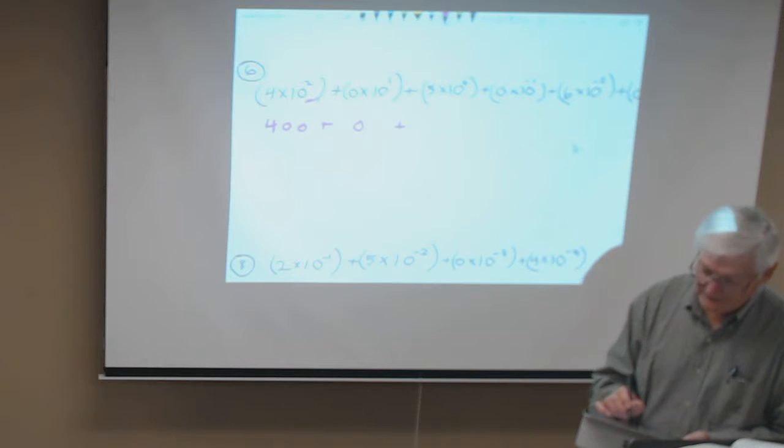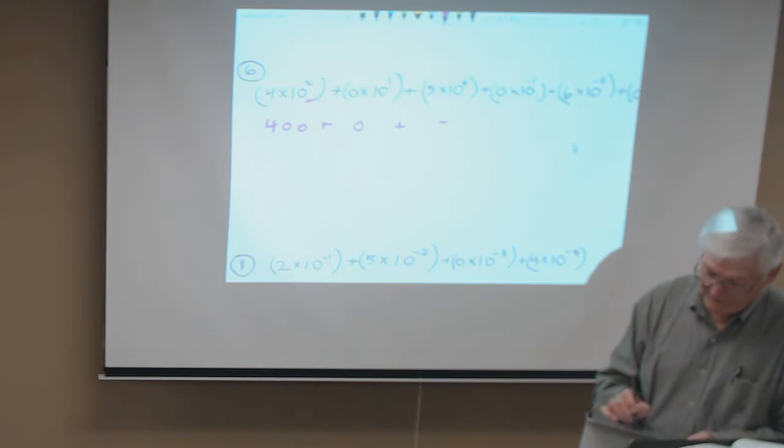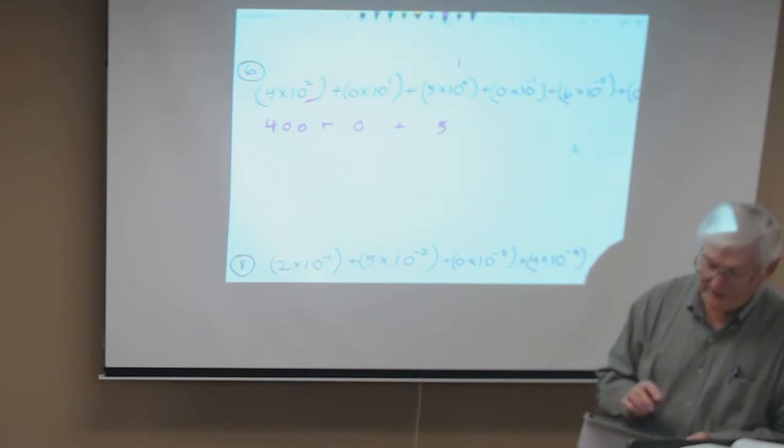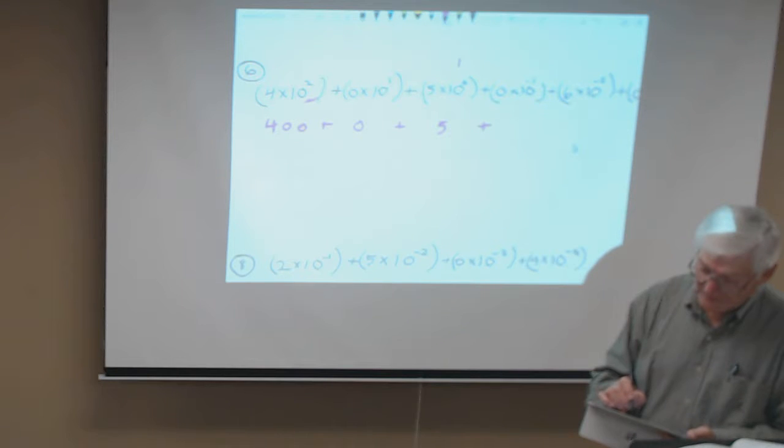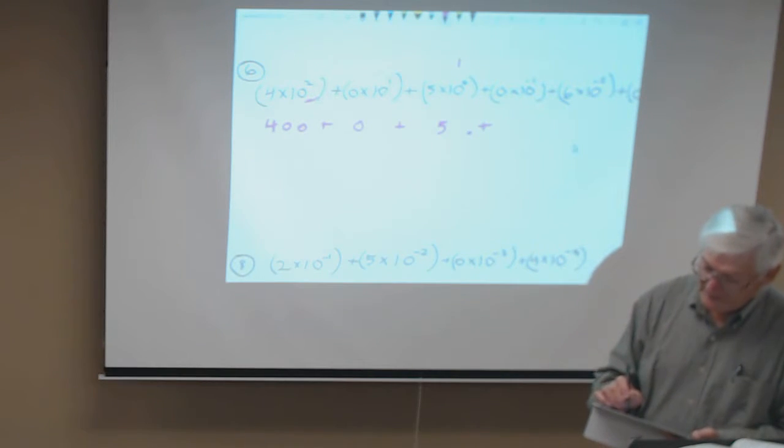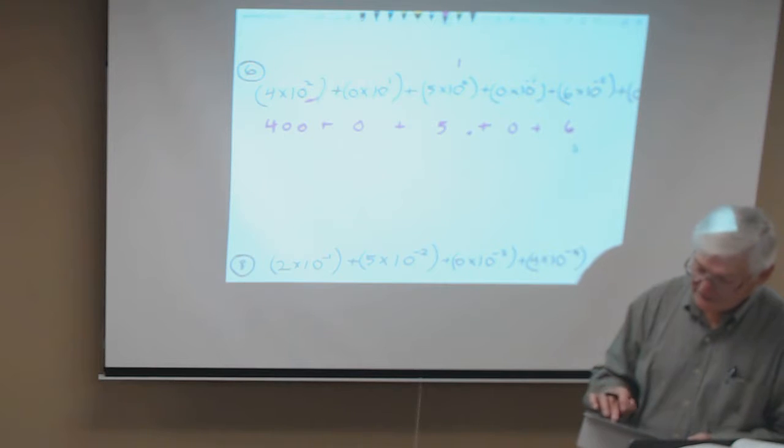Plus 5 times 10 to the 0, that would be 5. Remember, 10 to the 0 is a name for 1. Plus 0, then I put a decimal point, times 10 to the minus 1, plus 0, no, plus 6 times 10 to the minus 2.